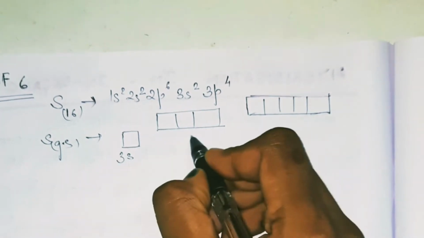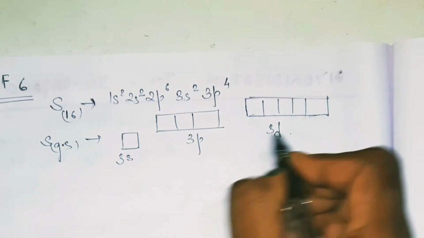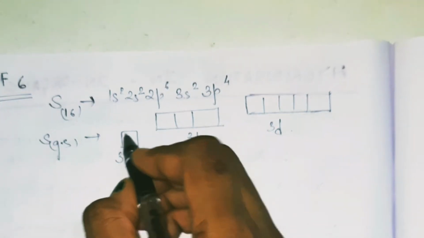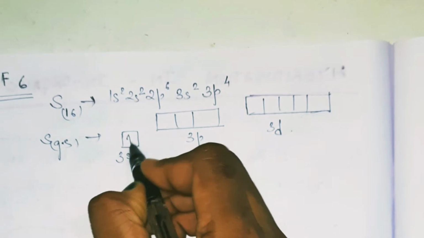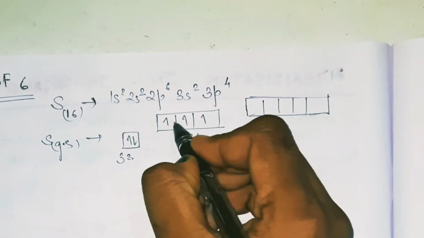This is your 3s, this is 3p, and this is 3d. Now let's check. There are 4 electrons in the 3p.